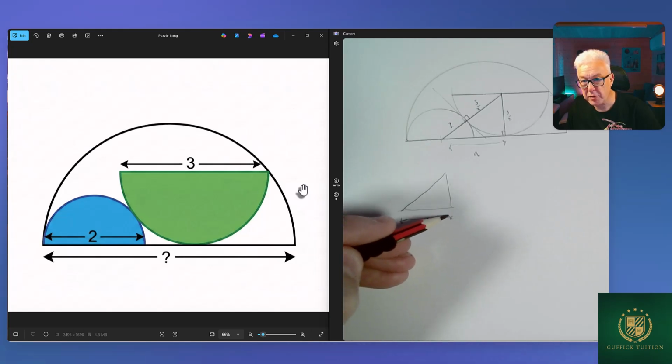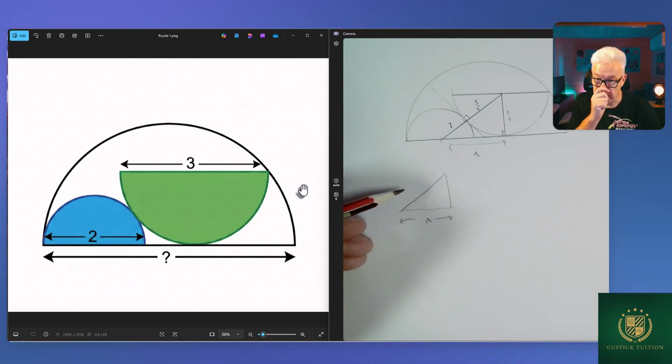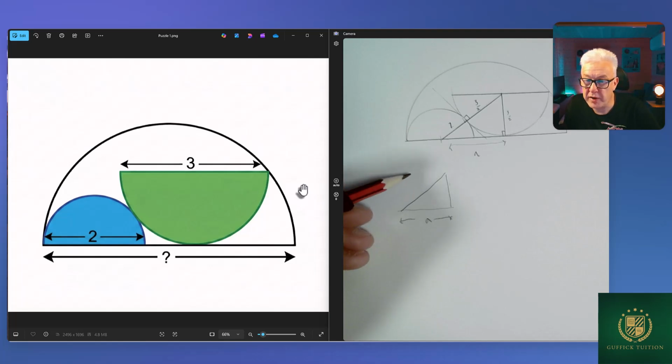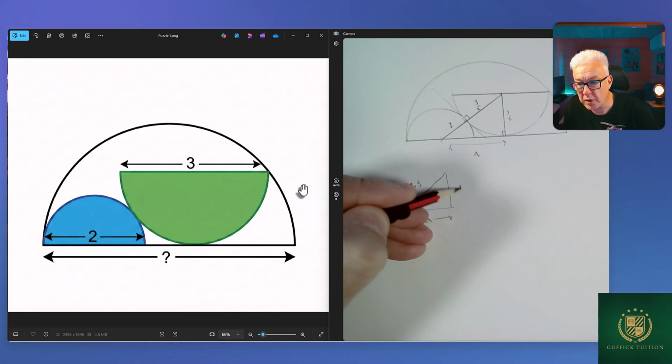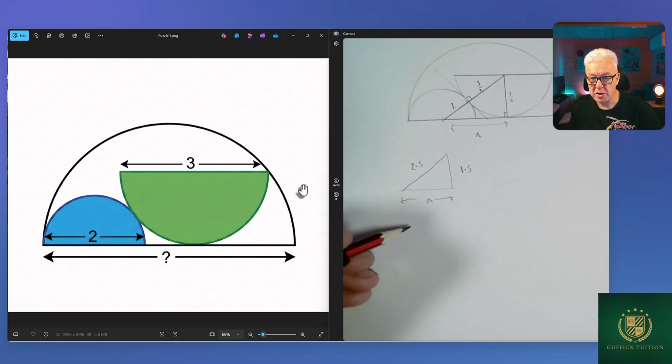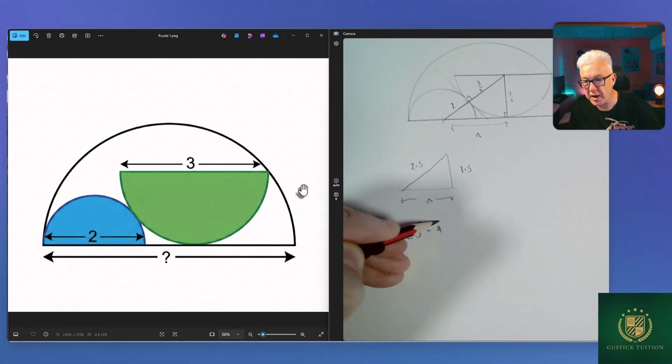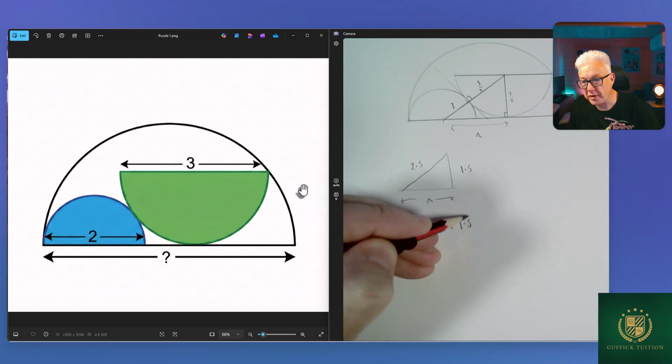Now this one is going to be 1.5 add 1, so that is going to be 2.5, and this one is 1.5. So we can use Pythagoras here, and we can say that 2.5 squared is equal to a squared plus 1.5 squared.